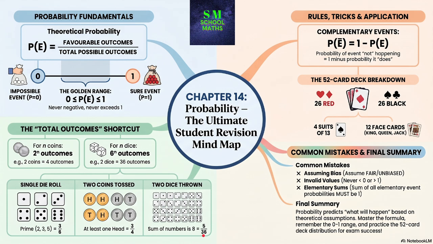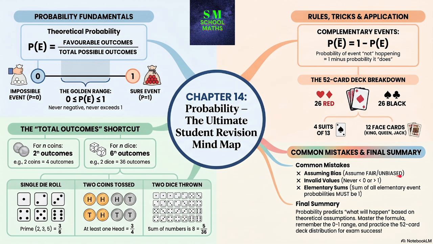Before you go, let's secure your marks by avoiding these 3 common mistakes. Number 1, assuming bias. In standard math, unless the question specifically tells you a coin is loaded or a die is modified to favor a number, always assume they are perfectly fair and unbiased.